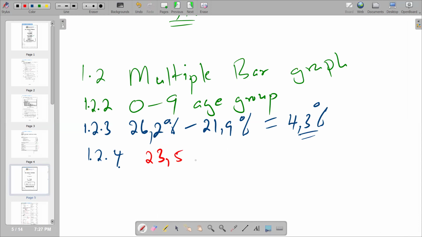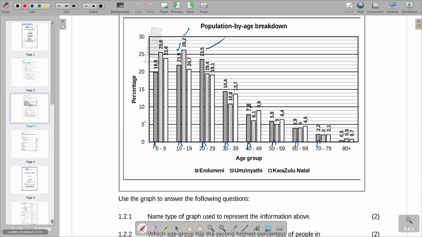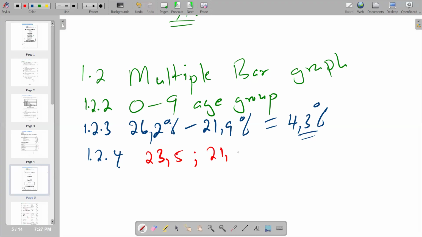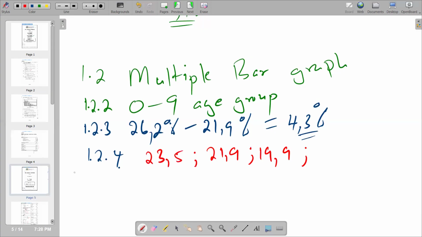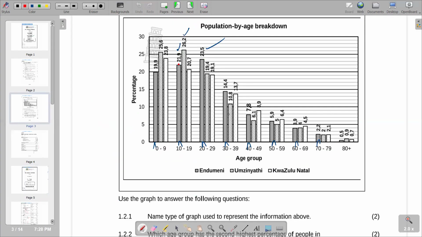And then from there, we go to the next one, which is 21.9. Then from 21.9, we go again to see the next one, which is 19.9. And then we check which one is lower than 19.9. We've got 14.4.